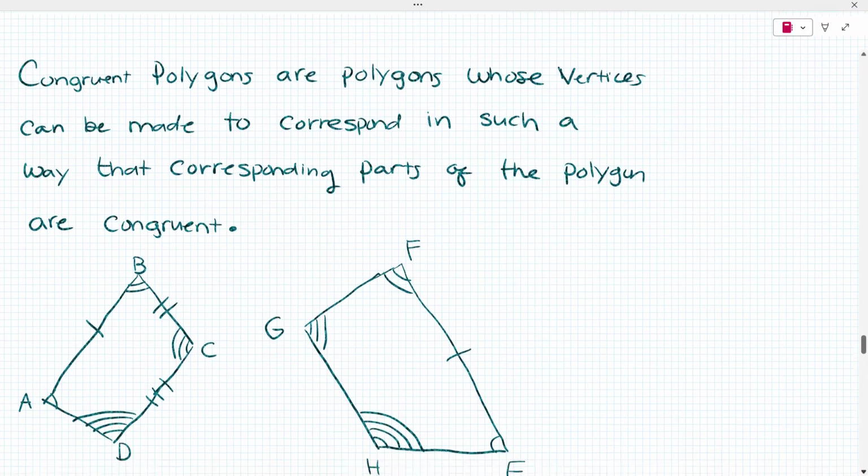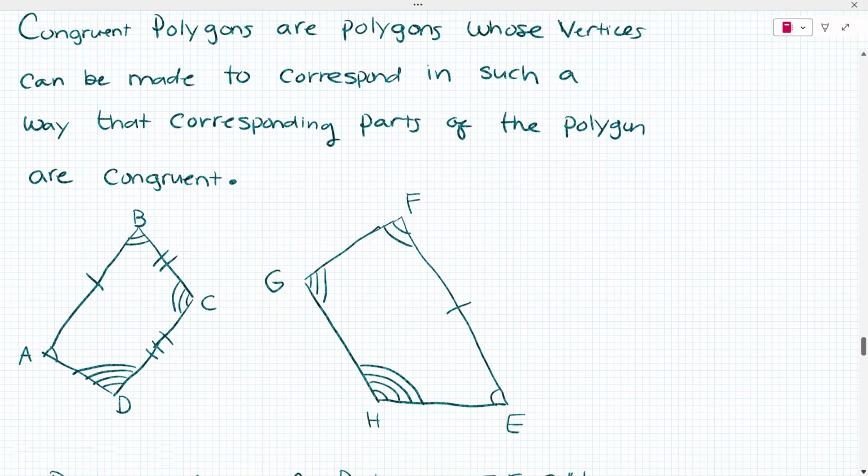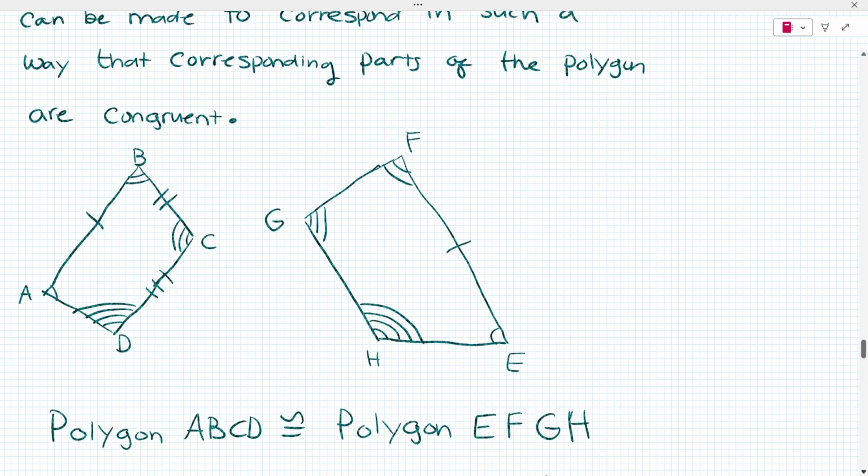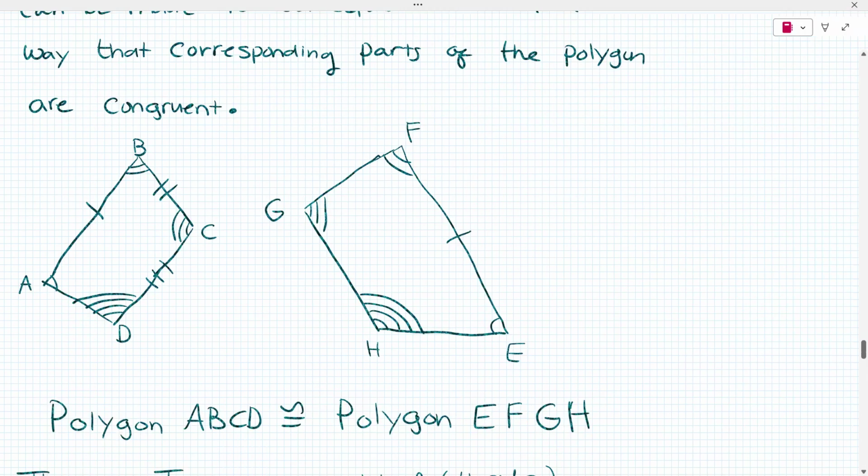So in order for two polygons to be congruent, all their angles must be equal and all their sides must be equal.